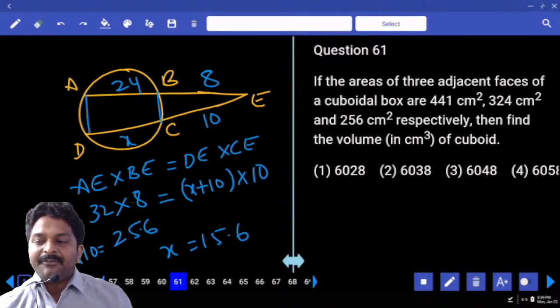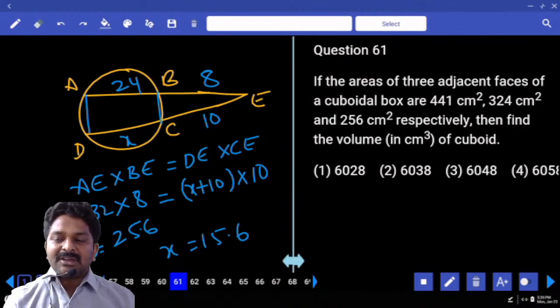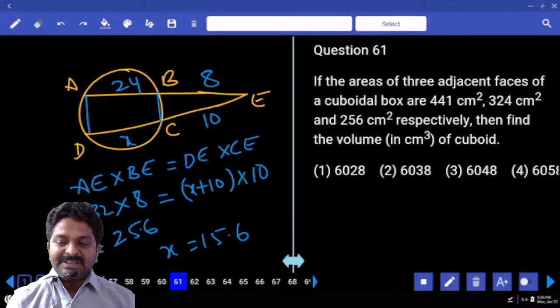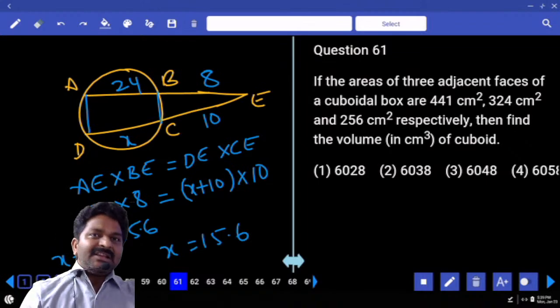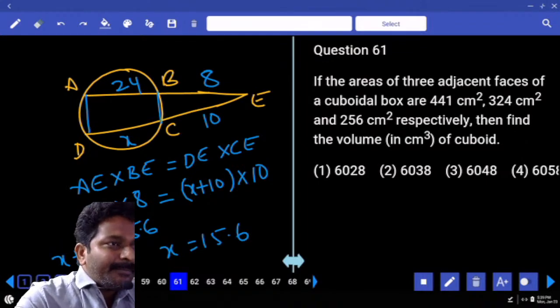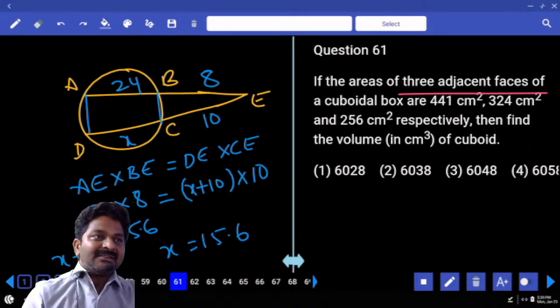The areas of three adjacent faces of a cuboidal box are 441, 324, 256 square centimeters respectively. Then find the volume of the cuboid. Now, we are sitting in a room whose shape is cuboid only. Come on. Three adjacent faces.